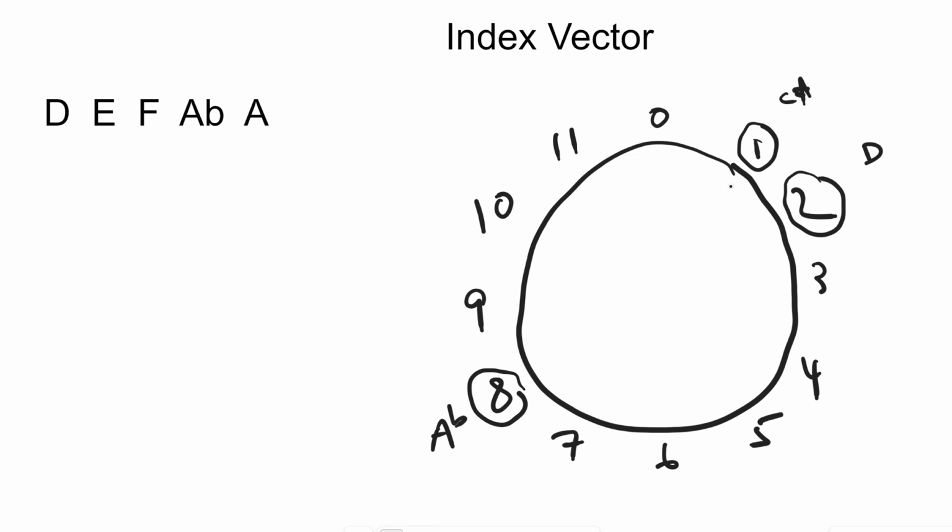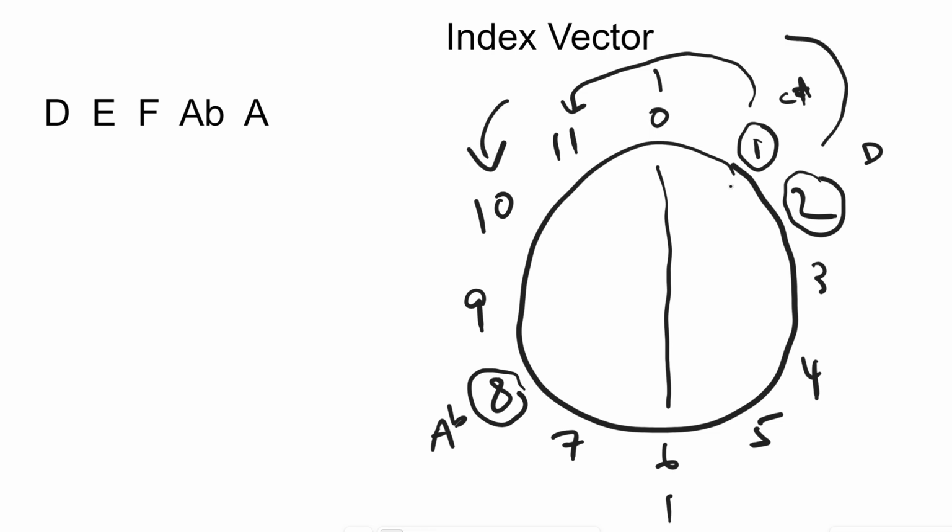If we were to fold the clock face right down the middle, the notes that I've selected would jump to the other side of the clock. So the 1 would move over to the 11. It would touch the 11 if you folded it in half. And the 2 is going to go all the way over and become 10. The 8 will go this way, and it's going to become 4.